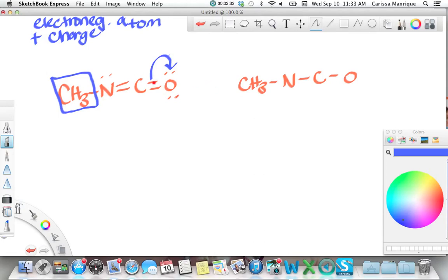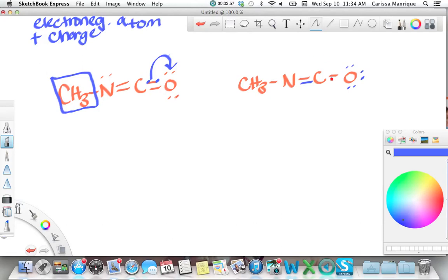Remember that a bond is made up of two electrons, so that basically moves a lone pair over. We had two lone pairs there already, and we just moved one more over. When this bond moved to oxygen, it made this extra lone pair right there.